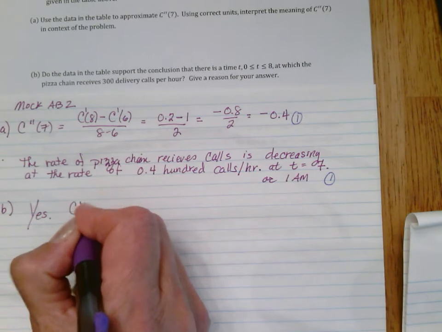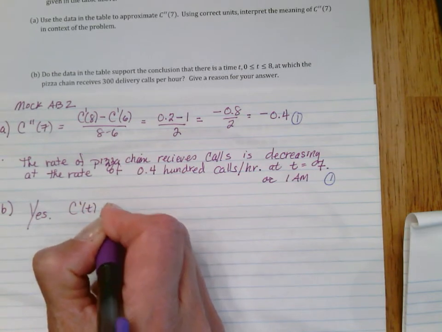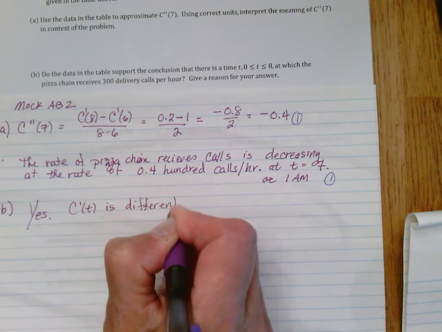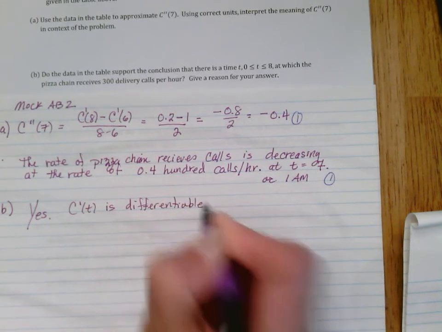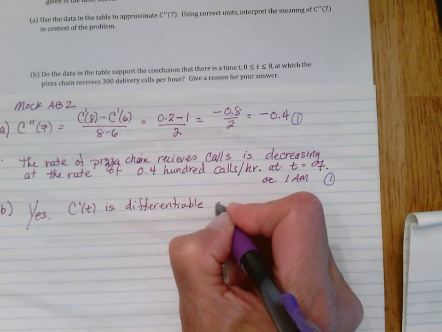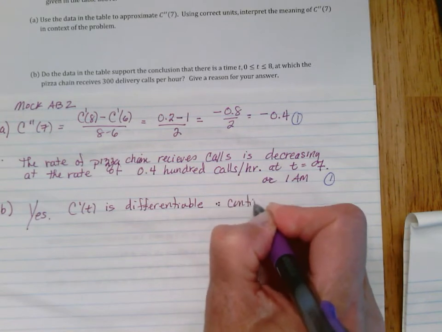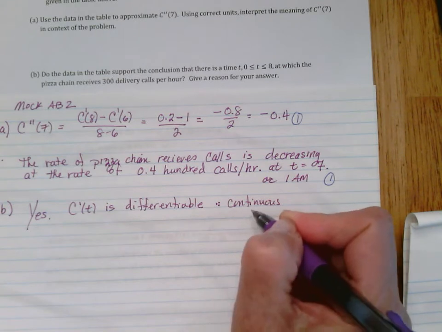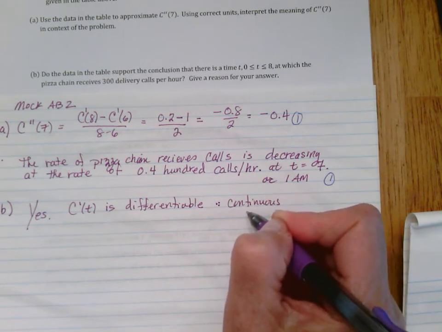Firstly, the function c prime of t is differentiable, therefore continuous. But remember, the converse isn't true. If a function is continuous, it doesn't mean it's differentiable anywhere.